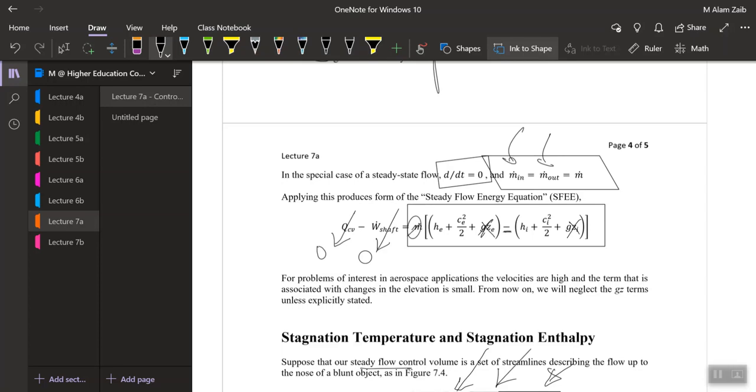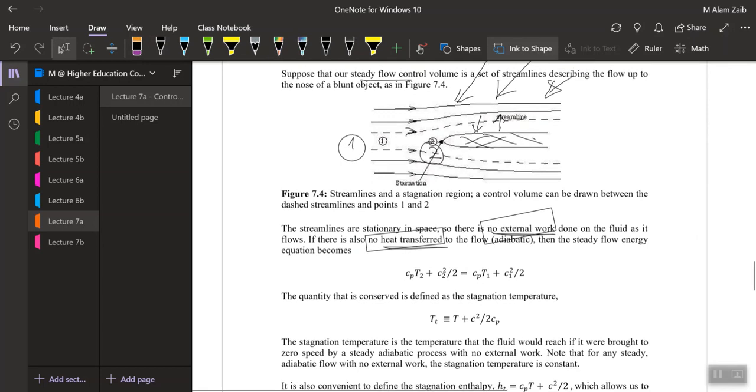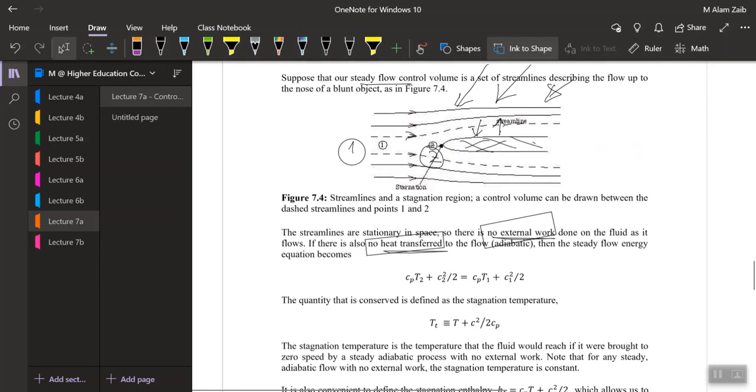So the above steady flow energy equation is now equal to this, which is the enthalpy component and the kinetic energy component, the enthalpy component at the initial and the kinetic energy component at the initial as well.